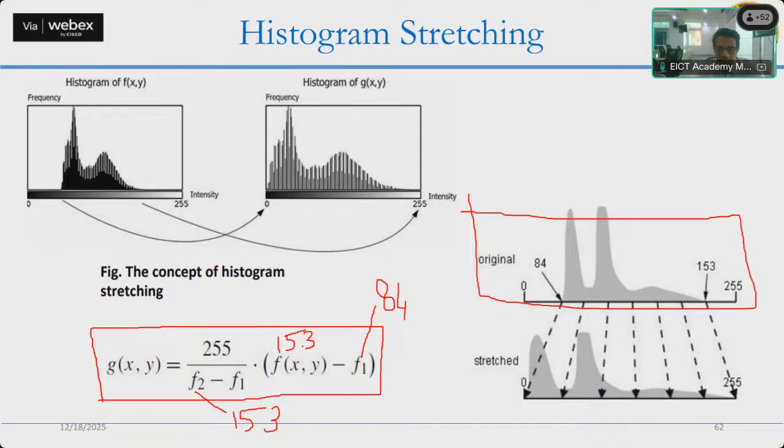Whatever value you give, it is bound to expand it from the 0 to the last value, without deforming the shape. That is the reason that it is changing the contrast. It is not altering the figure.